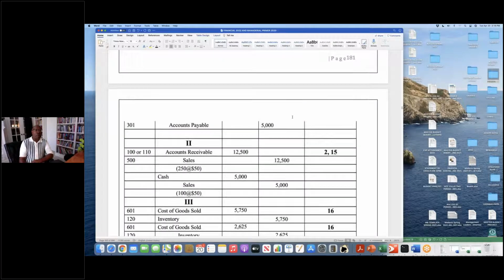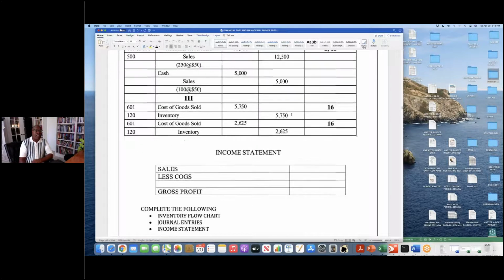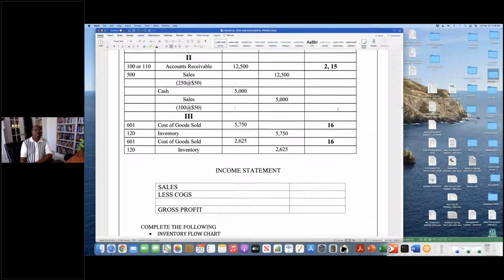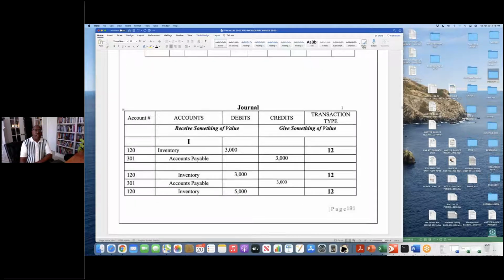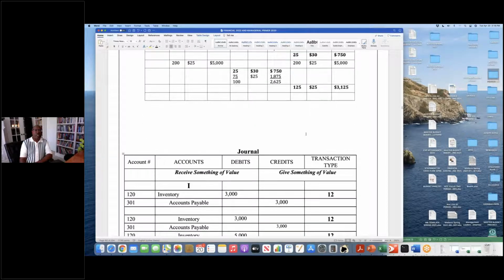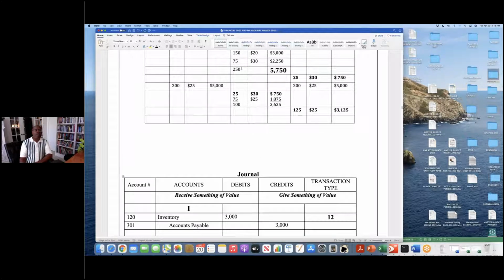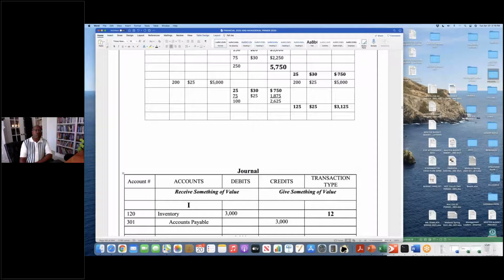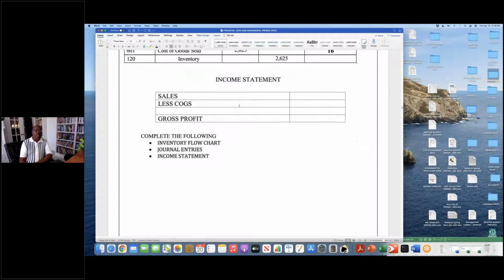Okay, so now we're ready to say, how much money did we make on these two sales? We had some in beginning inventory, we had 3 purchases, we have 125 units left. But on the 350 that we sold, how much money did we make?